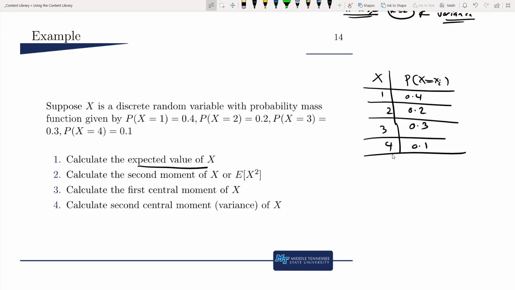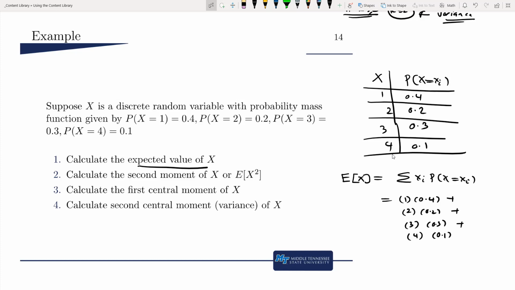Calculate the expected value. So let's write the definition: sigma of xi times the probability that X takes xi. X can take 1, the probability for that is 0.4. X can take 2, the probability is 0.2. X can take 3, the probability is 0.3. X can take 4, 0.1.